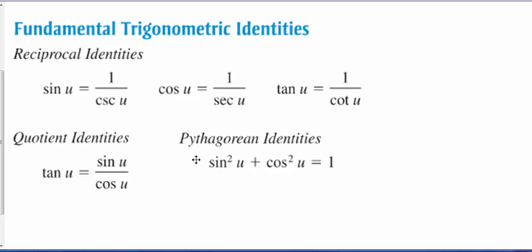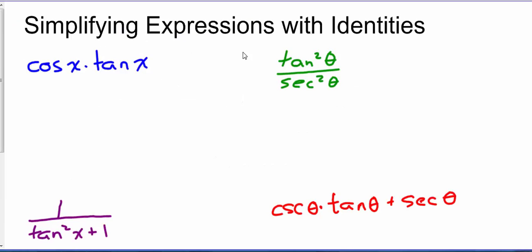You'll see a bunch more over the course of however many days we're working on this. These are the key ones, and we may just stick with using them. I'll sort of see how I feel later on. So what we'll be doing today is using these facts to simplify expressions. So, simplifying expressions with identities.